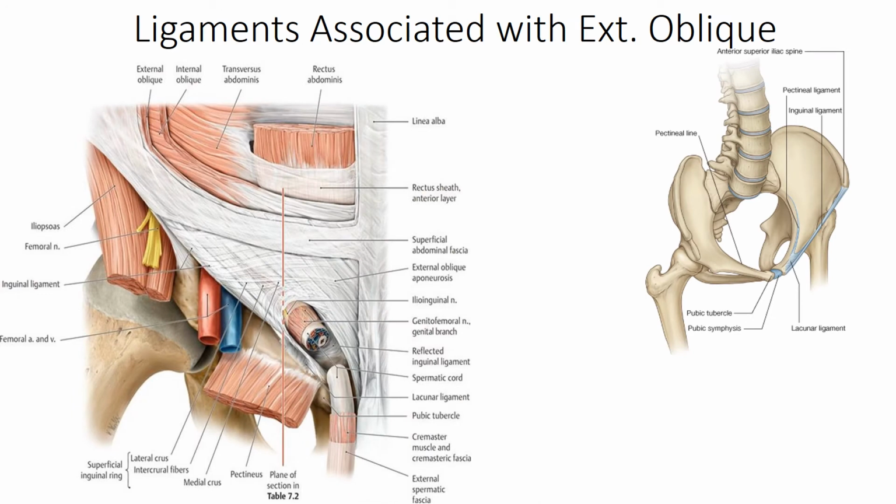Now let's understand the ligaments associated with the external oblique, and we start with the inguinal ligament. As we already know, this is the thick enrolled lower border of the external oblique aponeurosis, which lies between the anterior superior iliac spine laterally and pubic tubercle medially.